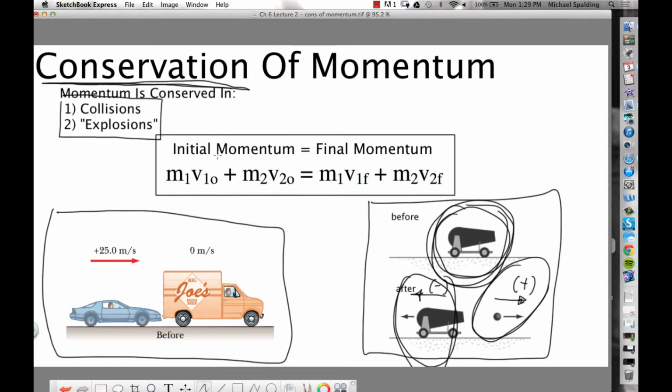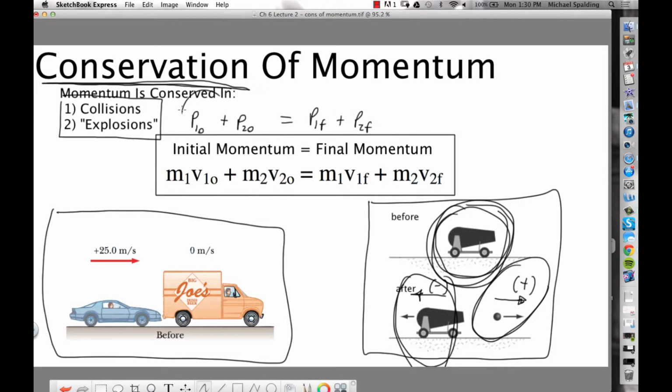Let's look at this equation. We're saying initial momentum equals final momentum. If you have a collision or an explosion, how many objects must there be? 2. So momentum 1 initial plus momentum 2 initial equals momentum 1 final plus momentum 2 final.